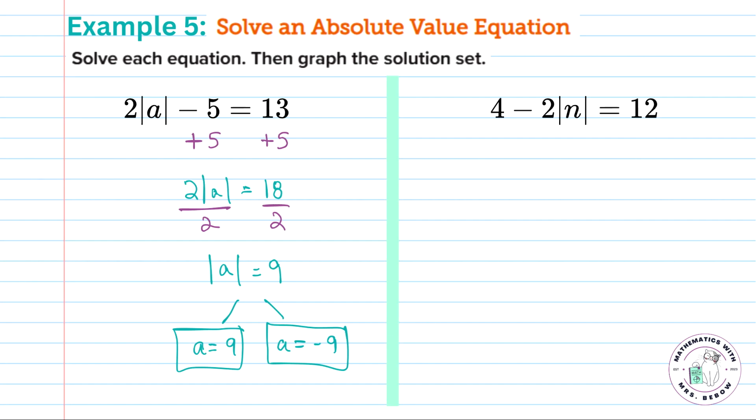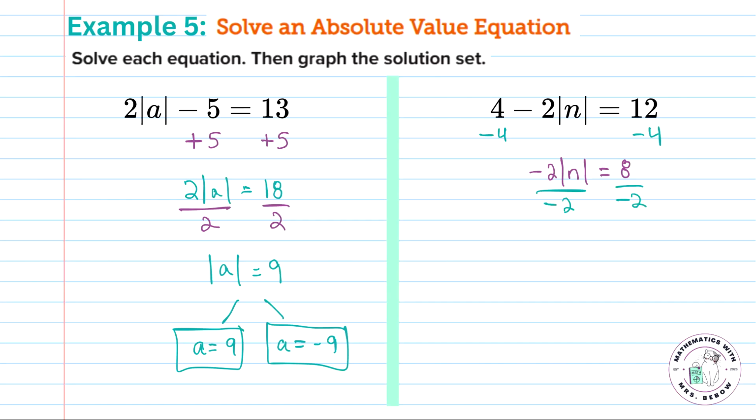We have 4 minus 2 multiplied by the absolute value of n equals 12. Just like before, we need to use inverse operations to solve this. We need to get rid of this +4. So to do that, we're going to subtract 4 from both sides. We'll have -2 absolute value of n equals 12 minus 4, which is 8. And then our next and final step before breaking this into its 2 parts is to divide by -2.